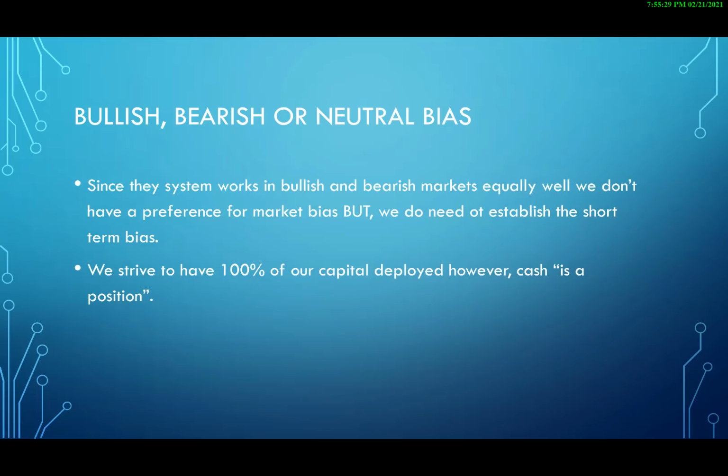There will be days, pretty much every single month, where we just simply sit in cash with the majority of our core positions. We will probably always have one or two core positions of our 13 working for us, but there may be several days a month where we just sit in cash. So cash is a position in our portfolio.